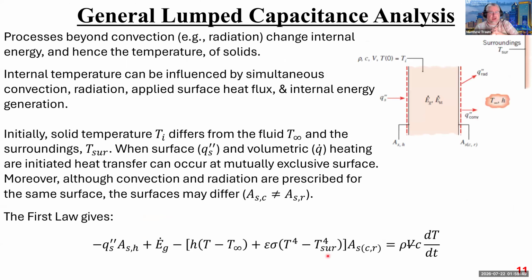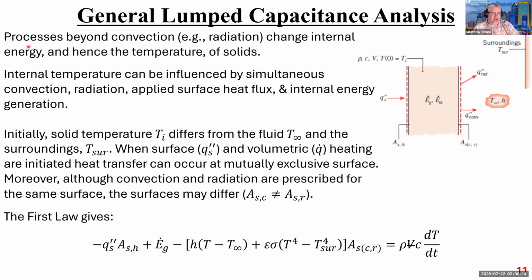Okay, so now we go into what the book calls general lumped capacitance analysis, which is kind of this big, ugly equation, which is here, that has in it all of the different ways that an object can either absorb heat or give off heat.